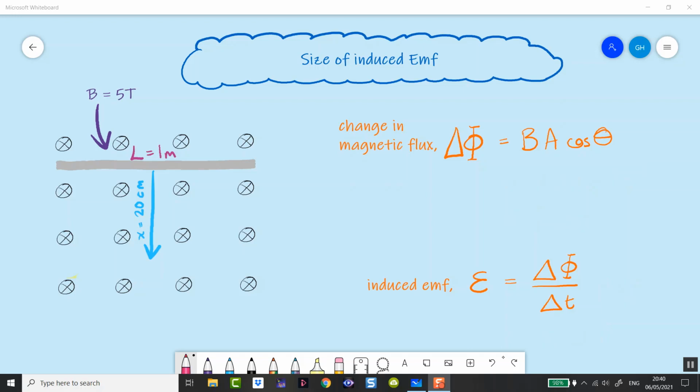Notice that if we stop moving the wire, the EMF will drop to 0 because the wire won't be moving through the field anymore, and so the change in magnetic flux will be 0. Also note that if we move the wire parallel to the field, there will be no induced EMF because again the change in flux will be 0.